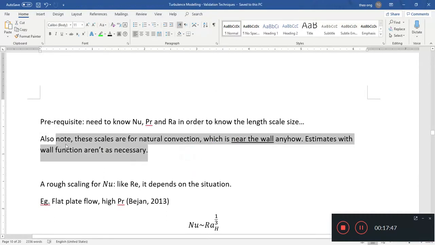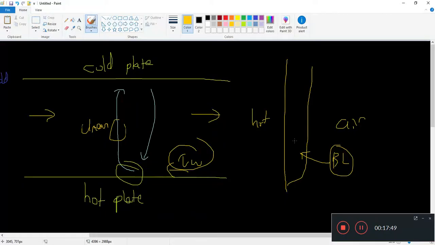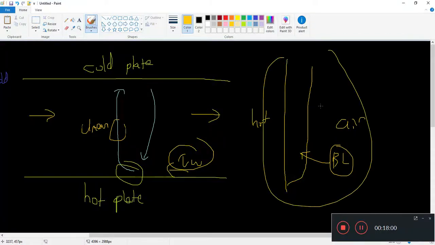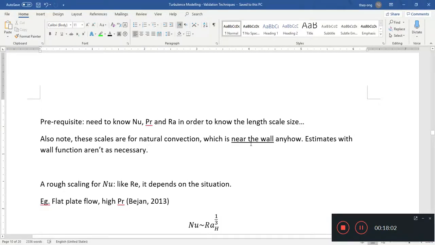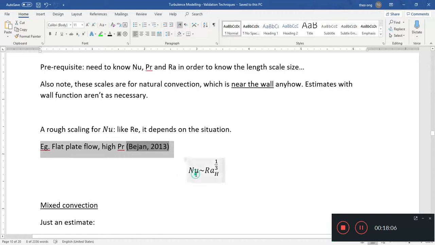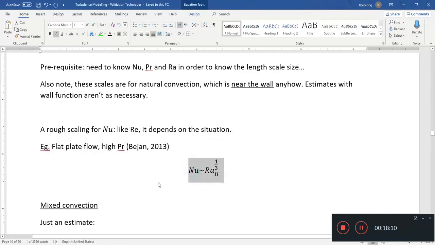In general, these scales are relevant near the wall. It makes the wall function estimates somewhat less necessary, but if you're talking about flat plate flows, we might need to pay a little bit closer attention. For example, say you have a flat plate flow. From Bejan, the Nusselt number scales with the cube root of the Rayleigh number.